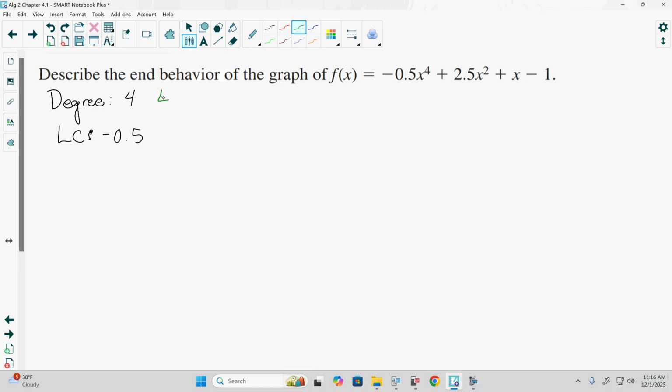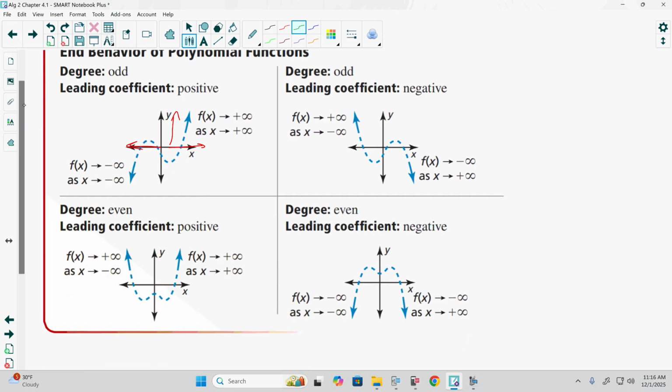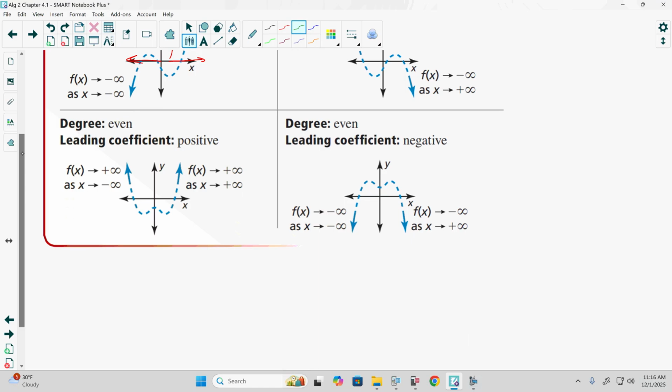So the degree would be even, because 4 is even. And the leading coefficient is negative 0.5, so the leading coefficient is negative. Even and negative. So I look at my chart. Even and negative tells me f of x approaches negative infinity as x approaches negative infinity.